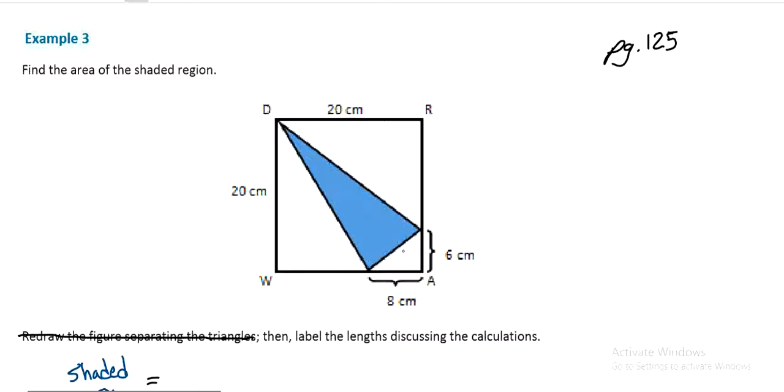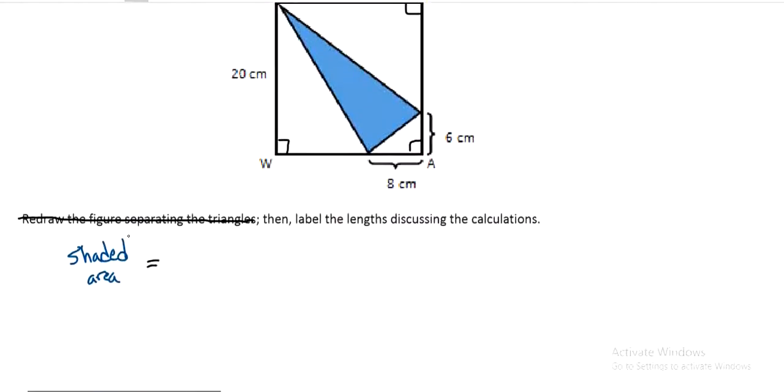I notice how they're right triangles because they make up the edges of this square. So I'm going to find the area of the shaded region by finding the area of all 3 of these white triangles, then taking that away from the square.